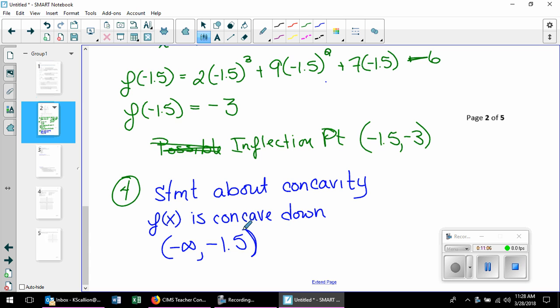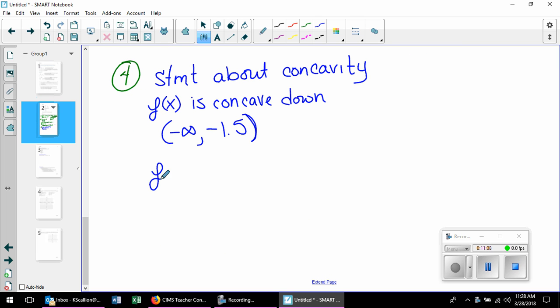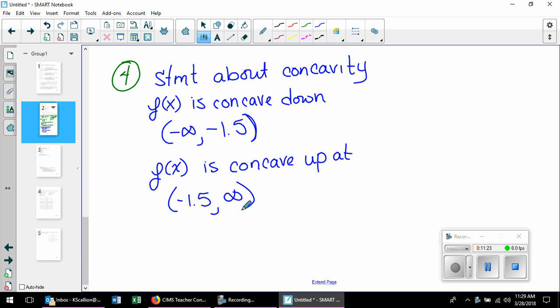And then where's the graph concave up? Negative 1.5, positive infinity, because we know the second derivative is greater than zero.